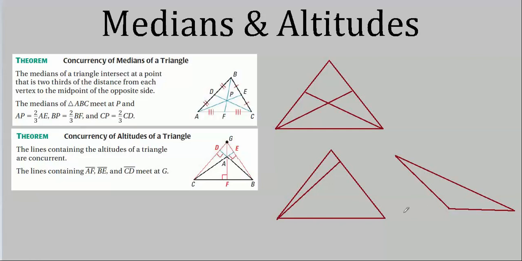However, if we were to extend this, in other words, just continue this segment as a straight line, then we can draw a line from the vertex which is perpendicular to the extension of this side. And when we did that, this would be the altitude. So if you can do it inside the triangle, fine. If not, you just extend one of the sides and drop the perpendicular down from the vertex that way.